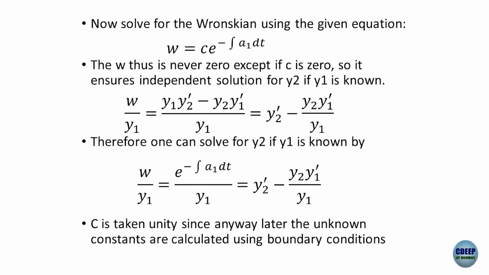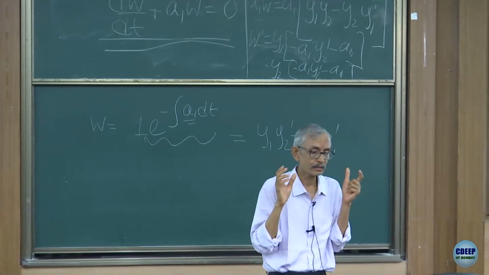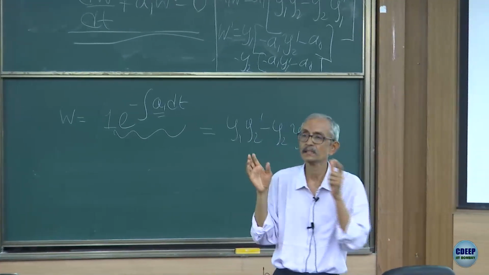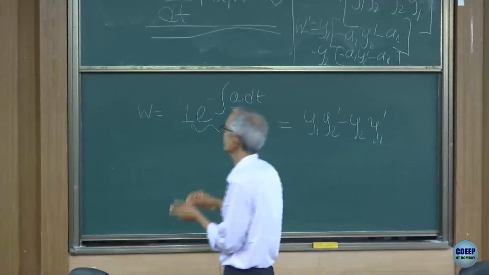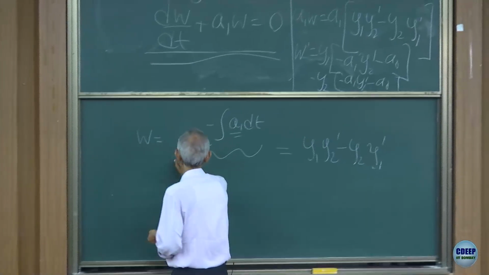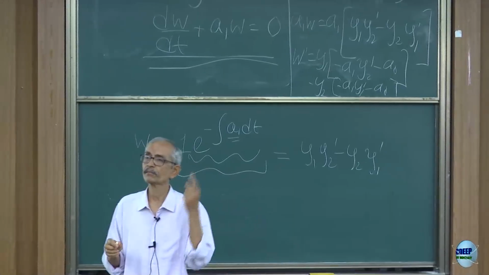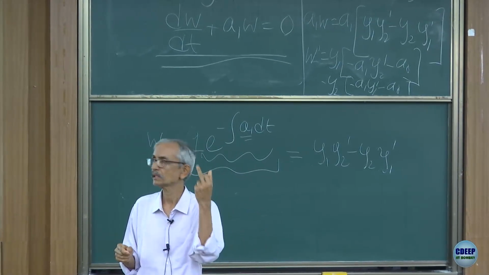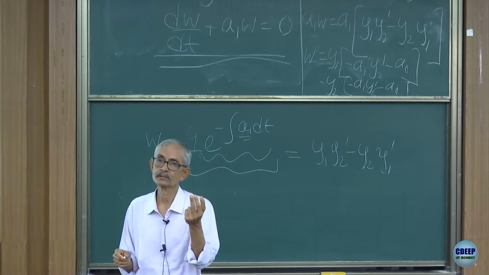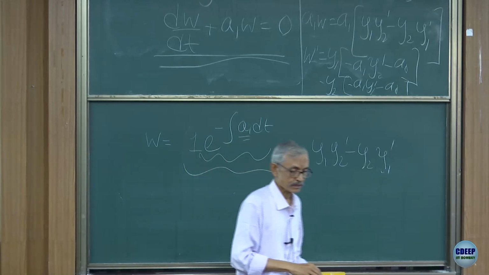So what this is telling me is that I know what the Wronskian is, I can evaluate it because I know Abel's theorem and the governing equation, and if one of the solutions is known to me, I can go ahead and get the second solution. Okay, so we'll use this later on.